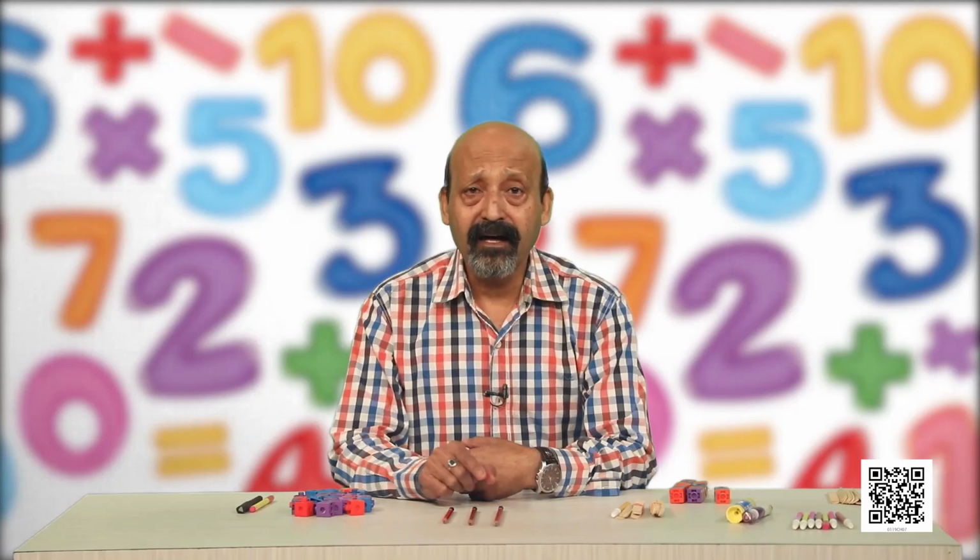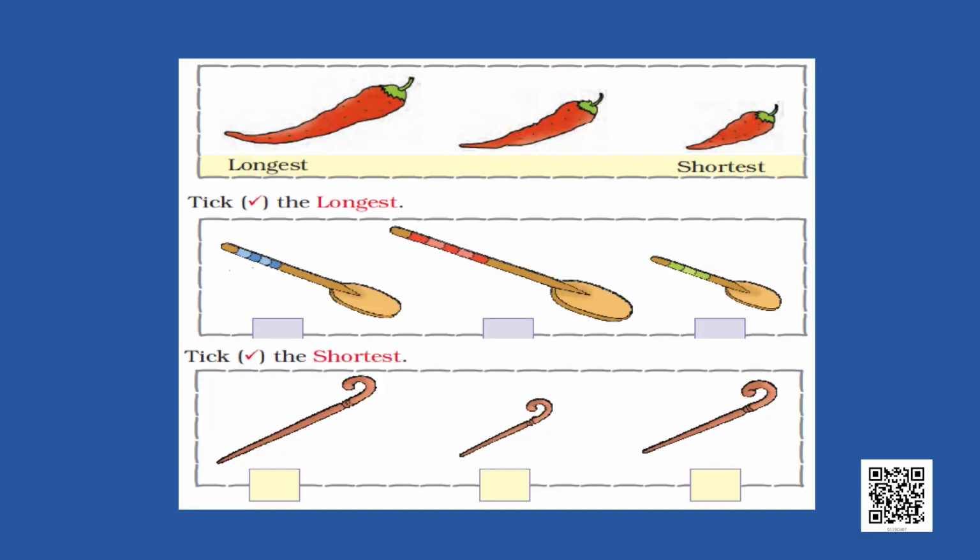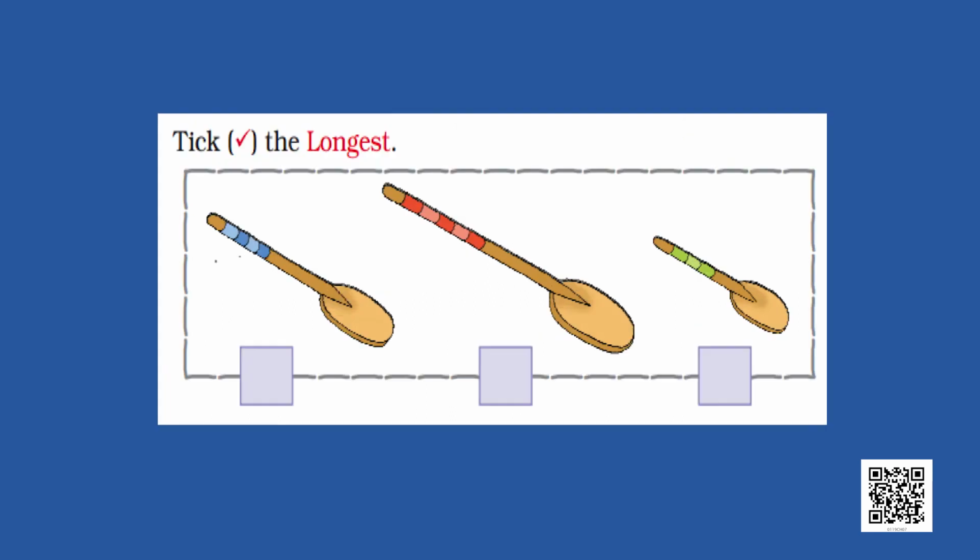Let us see, there are many objects shown on the screen. You can see these boat paddles are also there. Can you tell me which one is longest and which is shortest? Yes, the middle one is the longest. You can also measure and tell. And the one to the right of the middle is the shortest.